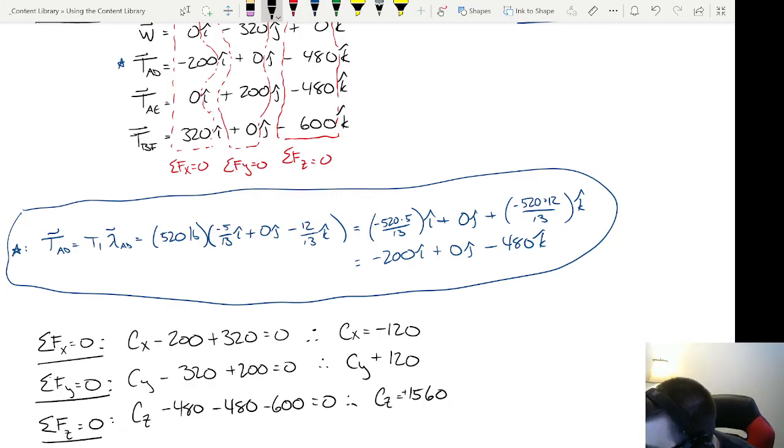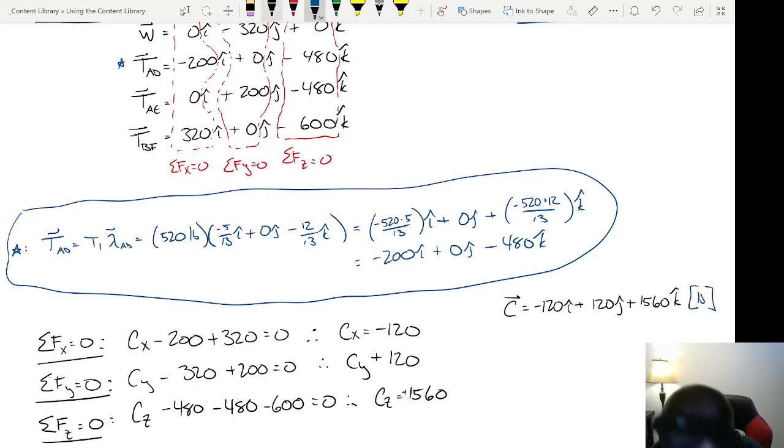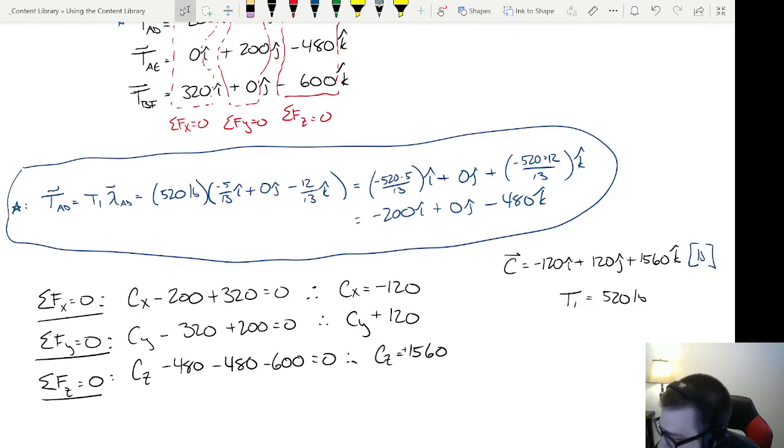Therefore, our C vector, this is our reaction vector, is negative 120i plus 120j plus 1560k, and again, that's in pounds. And then don't forget that we had T1, which was 520 pounds, and T2, which is 680. And that's it. That's the answer to the problem.